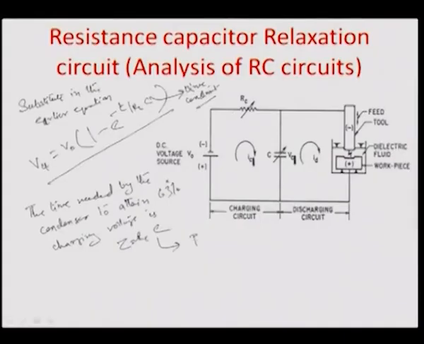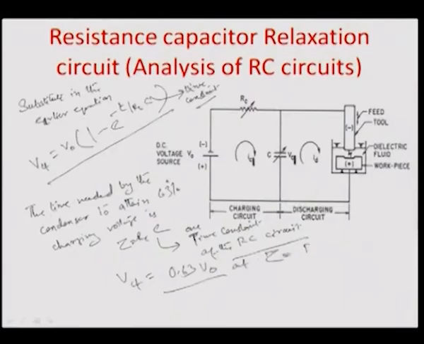So, this is one time constant from the definition of an RC circuit. In other words, it means that this Vc(t) is 0.63 V0 at tau equal to RC, or tau equal to one time constant.